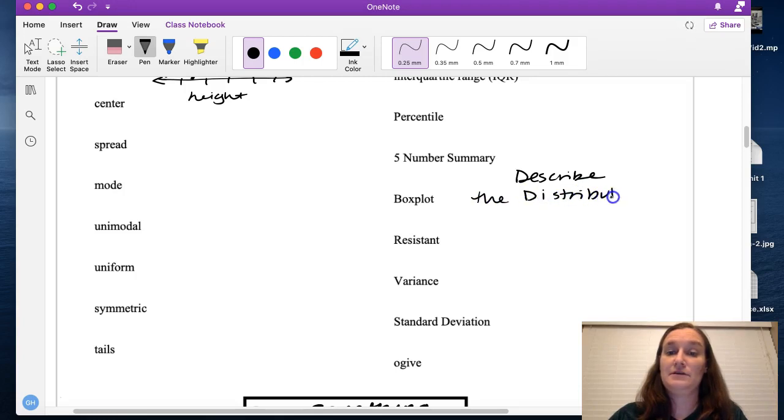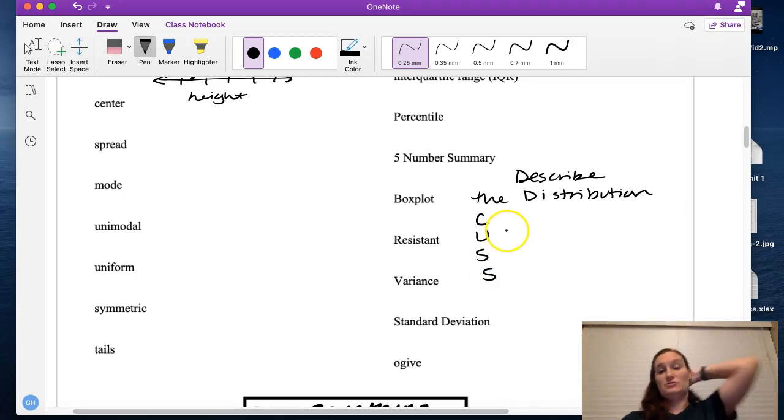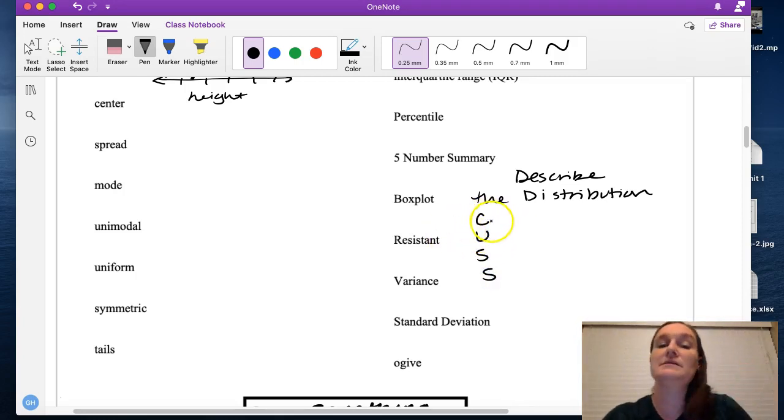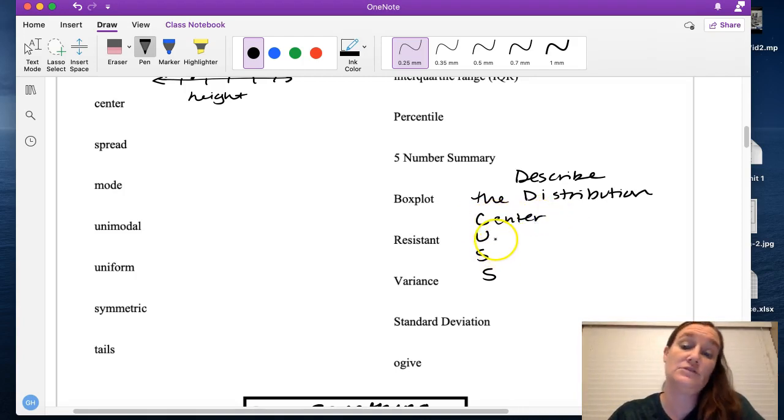There's a little acronym that I use to help you remember what you're supposed to do, and the acronym is CUSS. When a problem says to describe the distribution, you need to write a small paragraph, and that paragraph needs to include these things. It needs to talk about the center of the data, so you need to talk about either the mean or the median typically.